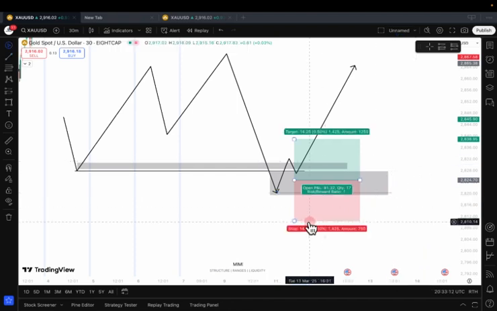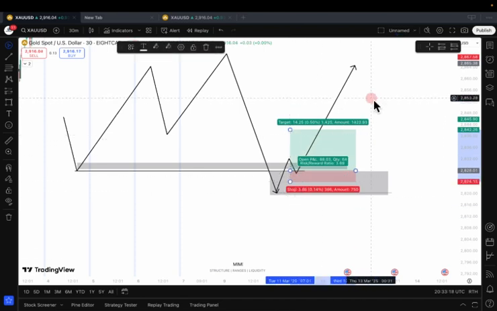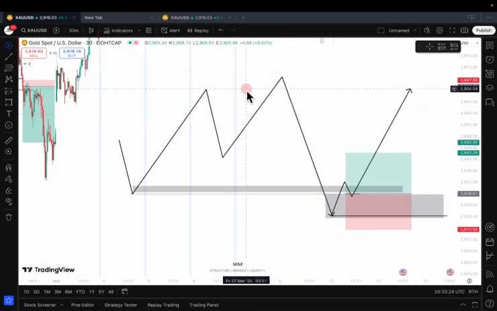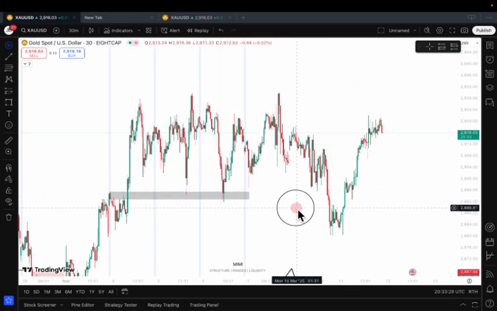Sometimes you are lucky, you put it here and it doesn't go far, it just triggers and moves. Sometimes it comes down to this point before it moves. That's that pair and whatever it wants to do.